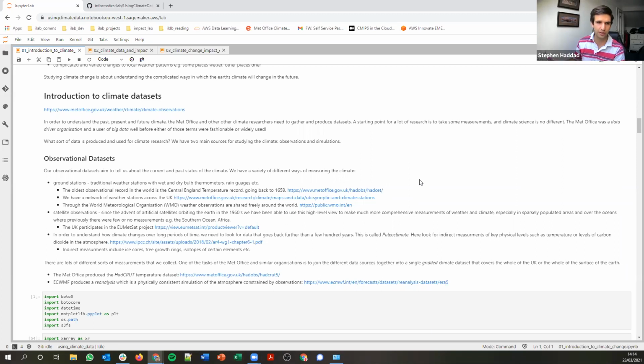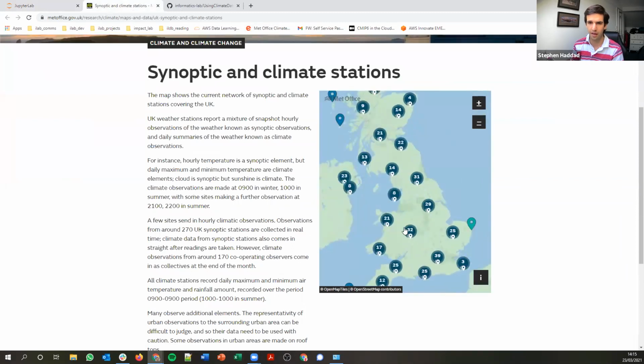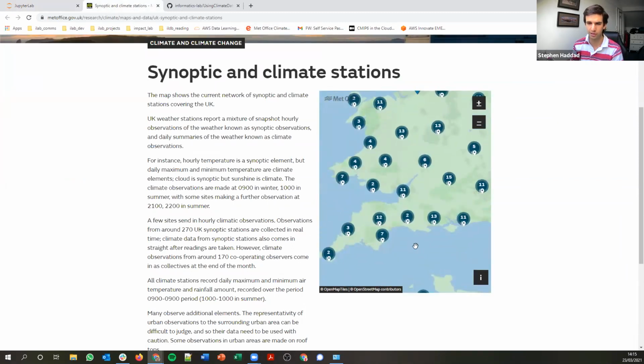So those are ground stations, and the Met Office has a whole network of weather stations. You can see on this page over here how our weather stations are distributed across the UK, measuring different variables.